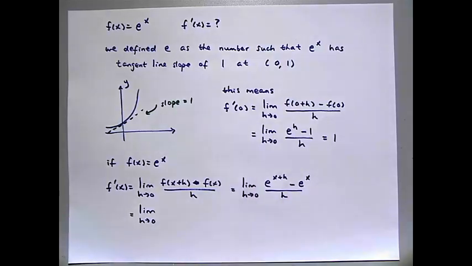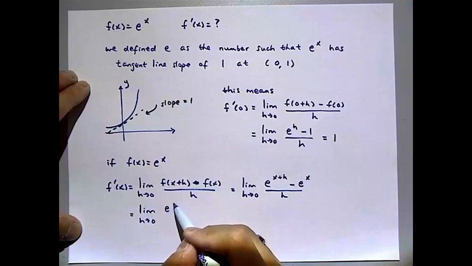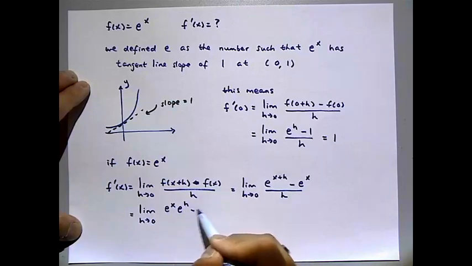That's still not going to get us anywhere too useful yet. Let's rewrite e to the x plus h as e to the x times e to the h.